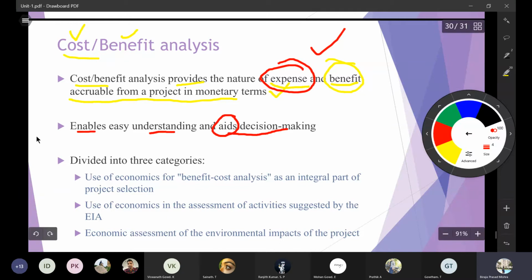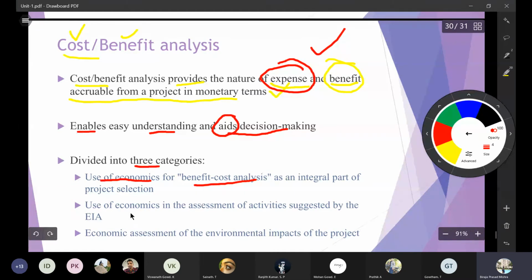Broadly, the cost benefit analysis is divided into three types or categories. Now what are those three categories? The first one is the use of economics for the cost benefit analysis, as an integral part of the project selection.